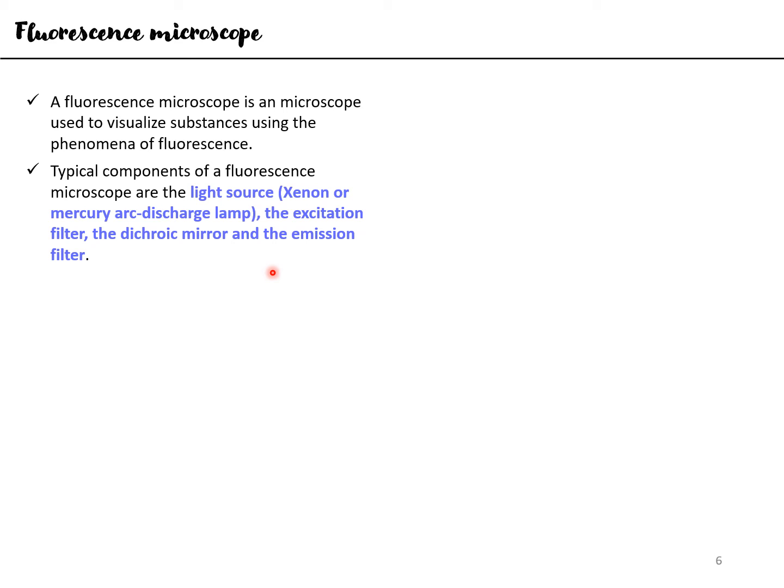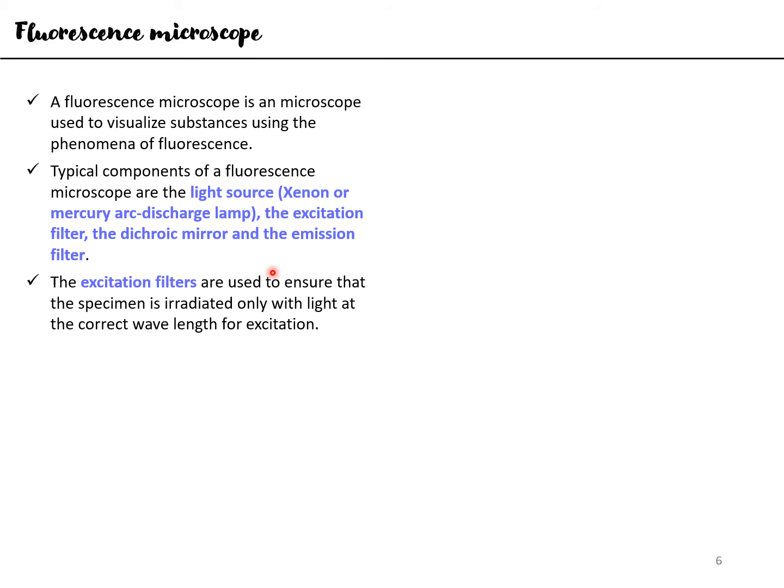So to begin with, let us talk about the excitation filter. The excitation filters are used to ensure that the specimen, where you have your antibodies conjugated to the fluorophore bound to your protein of interest, is irradiated only with light at the correct wavelength for excitation.